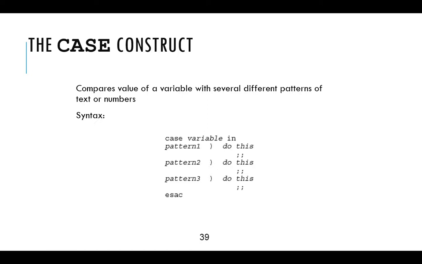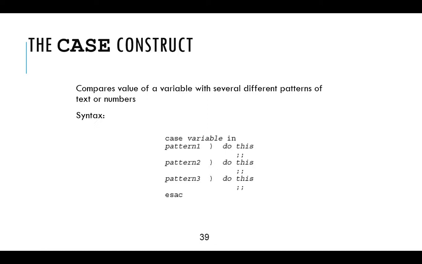Case statements. In the case, the variable is in this pattern, which will be 1. Then you will do this, and then you finish it out with the 2 semicolons. That's the end of that case. And you keep doing that. And again, esac. What's the end of case? Case backwards.